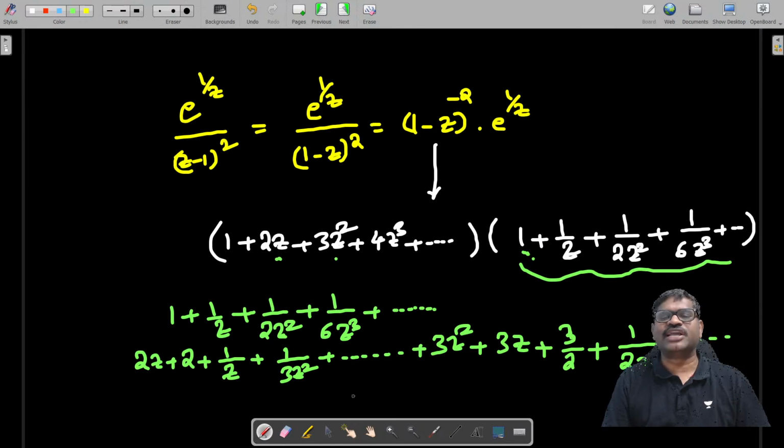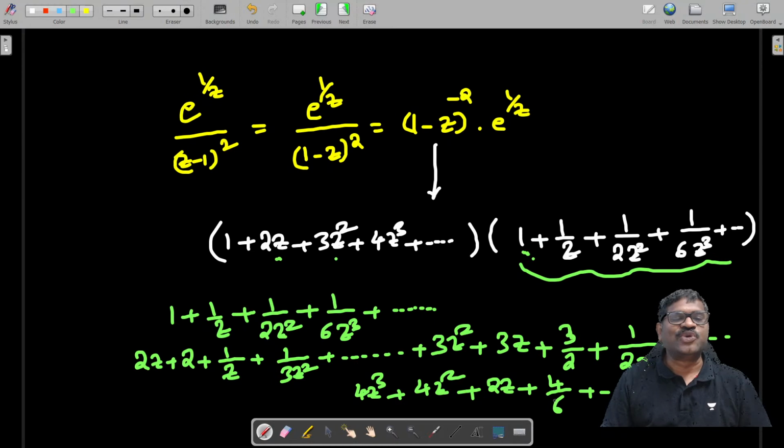Next, 4z cube multiplied with 1 gives 4z cube, with 1 by z gives 4z square, with 1 by 2z square gives 2z, with 1 by 6z cube gives 4 by 6, and so on.